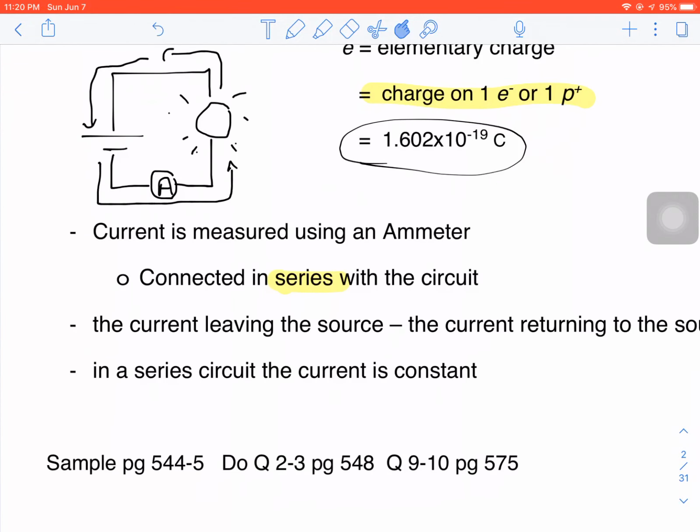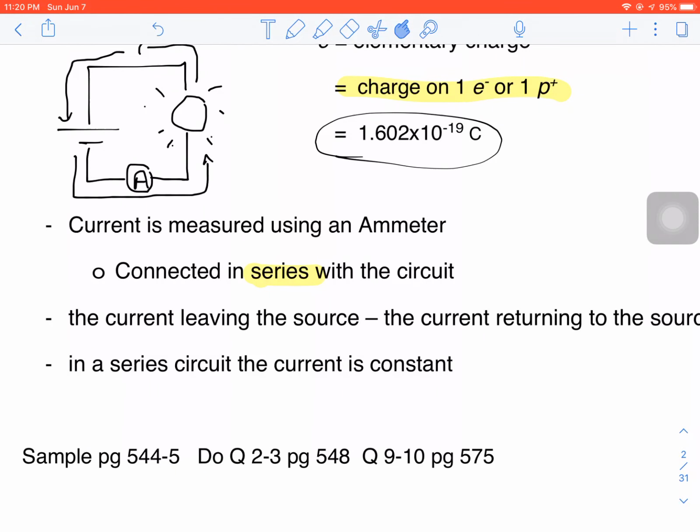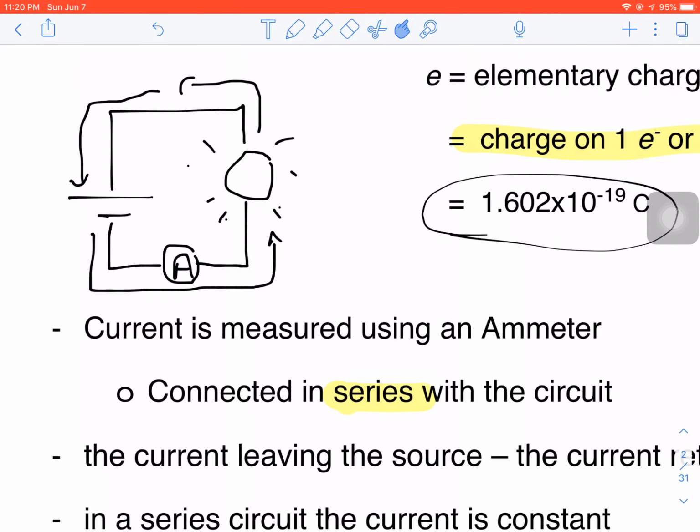Now, we're going to talk about series and parallel circuits again when we come back to this. One of the things about electric circuits is that all the way along that path there are electrons in my circuit.